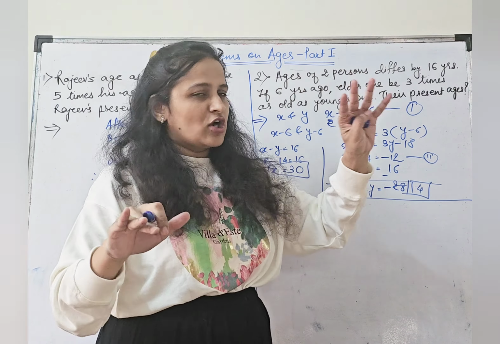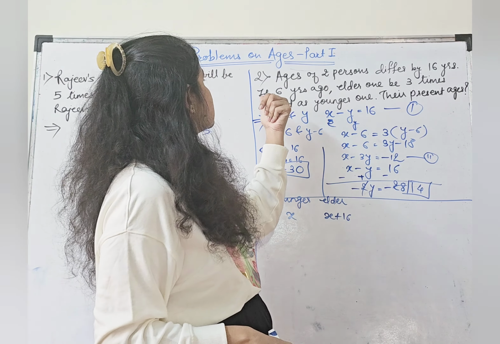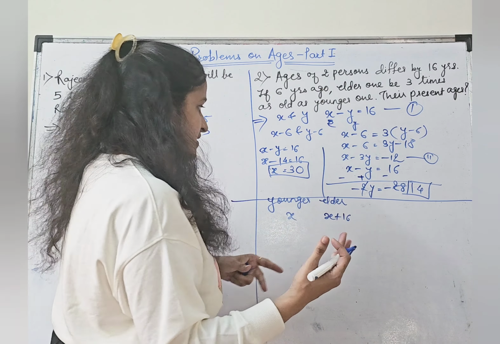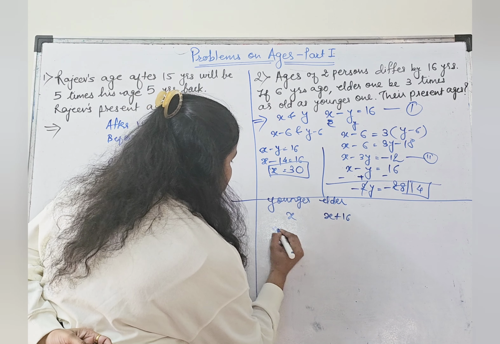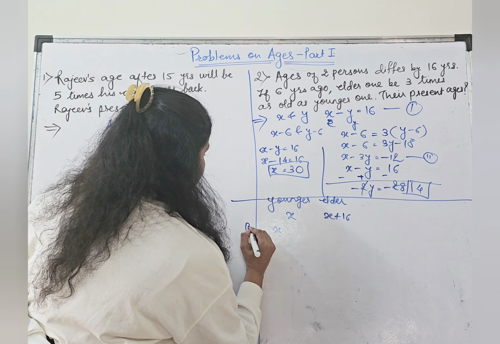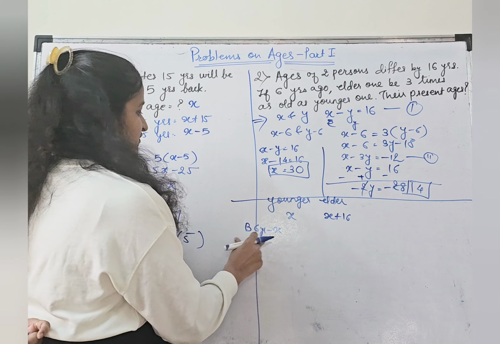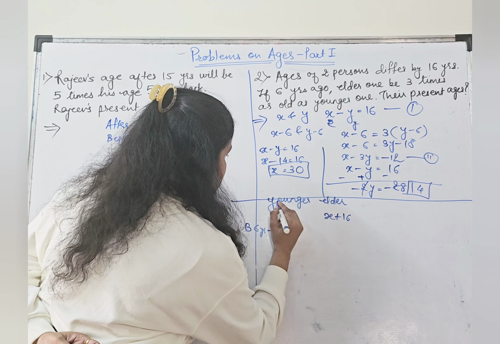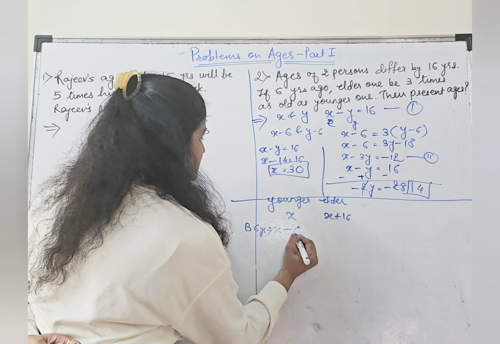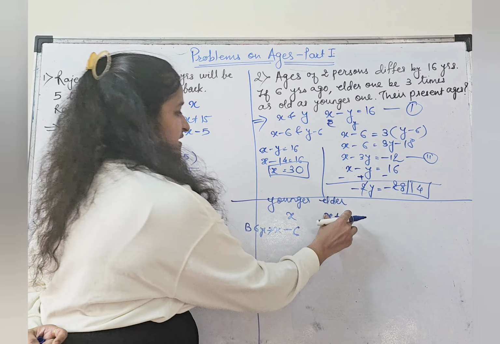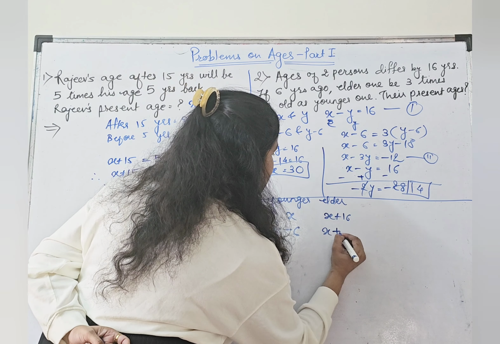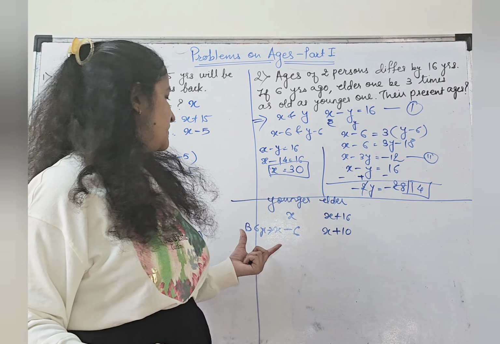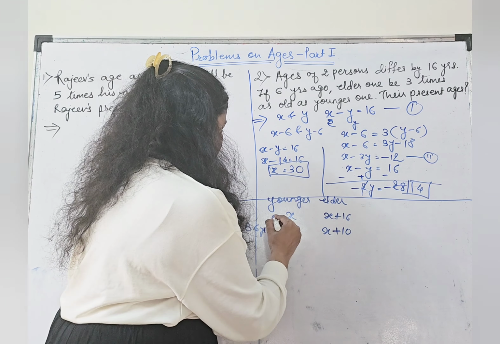First statement is solved. Now what they are saying next is if 6 years ago. Now first let's find out their ages before 6 years, right? Before 6 years, younger is going to be x minus 6 and elder is going to be x plus 16 minus 6, which gives me x plus 10. Correct? So before 6 years, these are their respective ages.